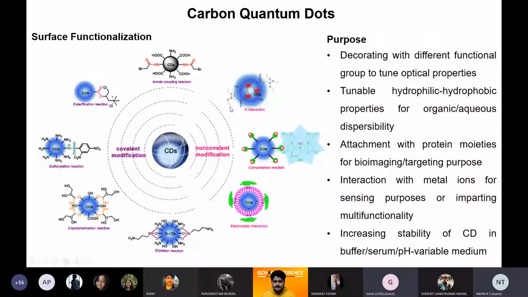Then, the surface functional groups of carbon dots are used in tagging with proteins for, let's say, targeted bioimaging, or targeted drug delivery purposes. And these surface functionalizations can be used for stability studies in serum, buffer, or any other pH variable mediums.